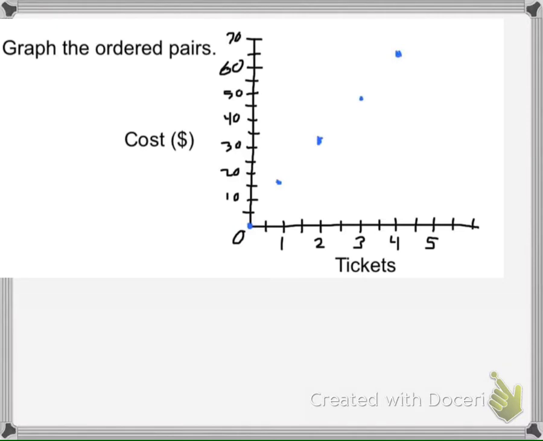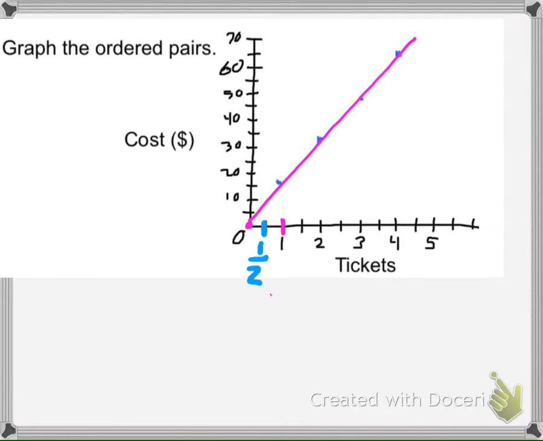Okay, so let's say we were graphing the number of tickets sold and the cost of the tickets. So let's say we were going to look here. So from here to here, this is 1. So if I were to connect these points, what I'm saying is that in between 0 and 1, that's a half.